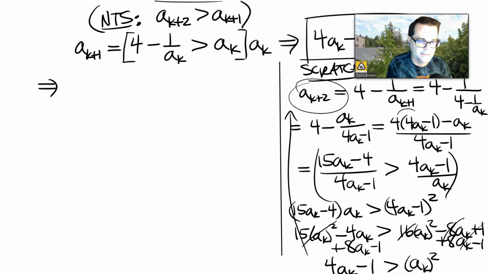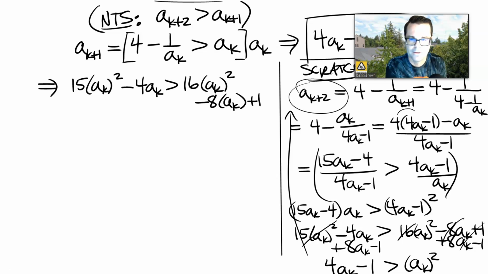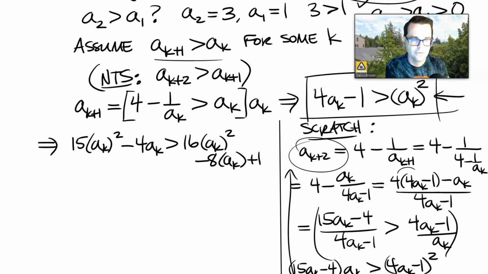This implies that 15a sub k squared minus 4a sub k is bigger than 16a sub k squared minus 8a sub k plus 1. So this comes from this here.